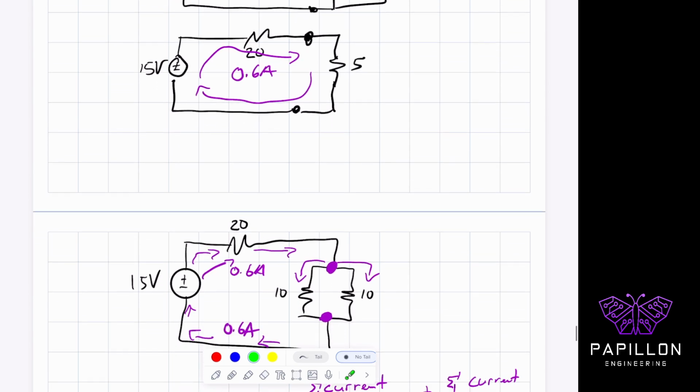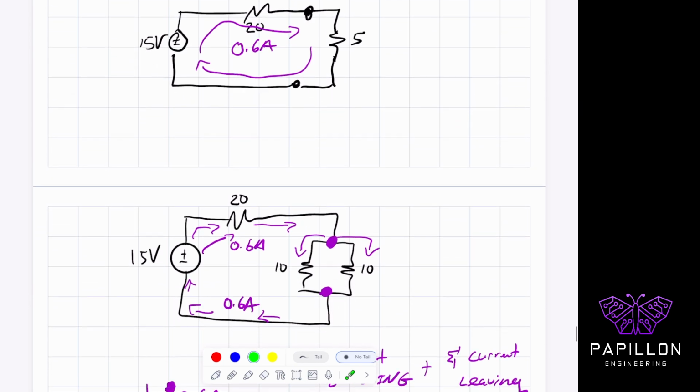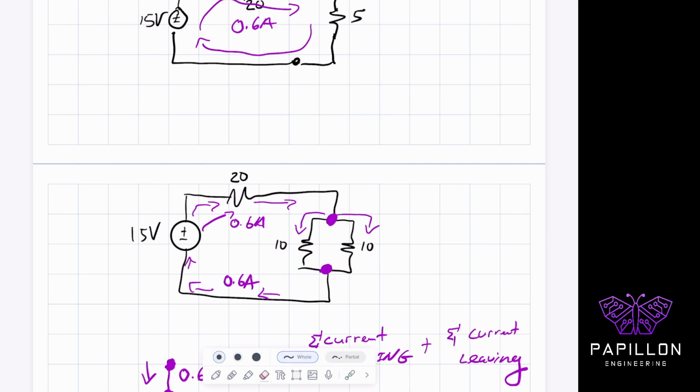But let's look at another visual of this, which is probably a little more important in my opinion. Let me clean this up a little bit so you can see it more neatly. So what's happening now is that 0.6, and I'll try a different color, the 0.6 is going like this. 0.6 amps is leaving the voltage source.